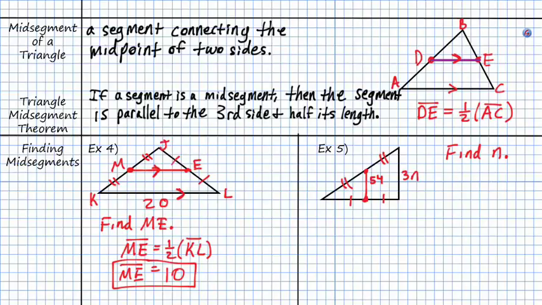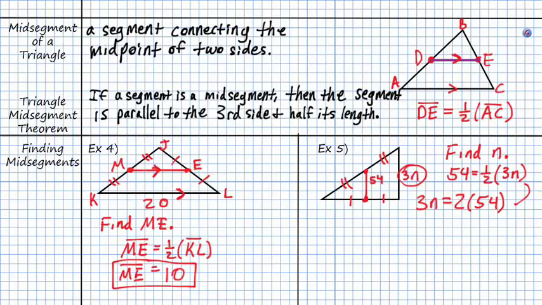Likewise, we can come over here, and now we're doing something a little bit more complicated, but it's still not all that difficult, right? We want to find the value of 3n. So, first, we make the note that 3n is equal to twice 54. And we know that because if we were looking for 54 here, right, we know that 54 is equal to 1/2 of whatever value 3n is.